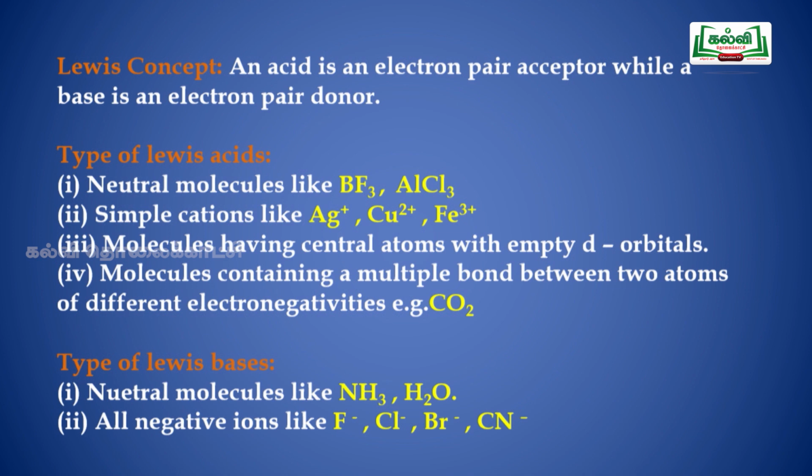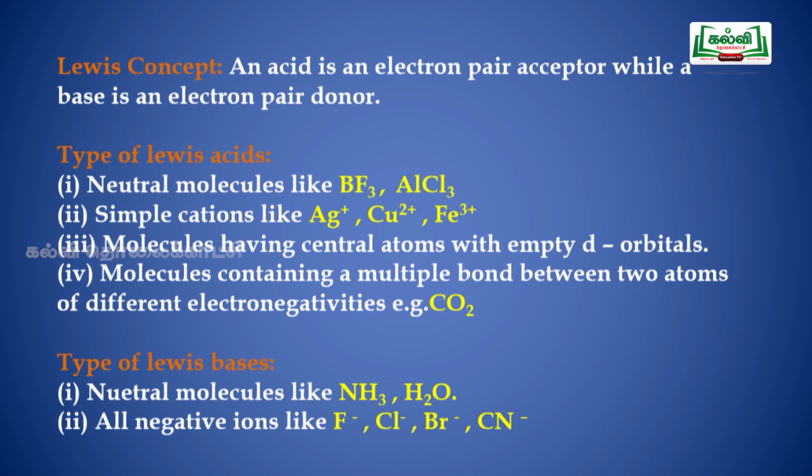The next and the most important concept is the Lewis acid base concept. What is that concept? According to Lewis, an acid is an electron acceptor, that means accepting a pair of electrons. Similarly, a base, what will it do?